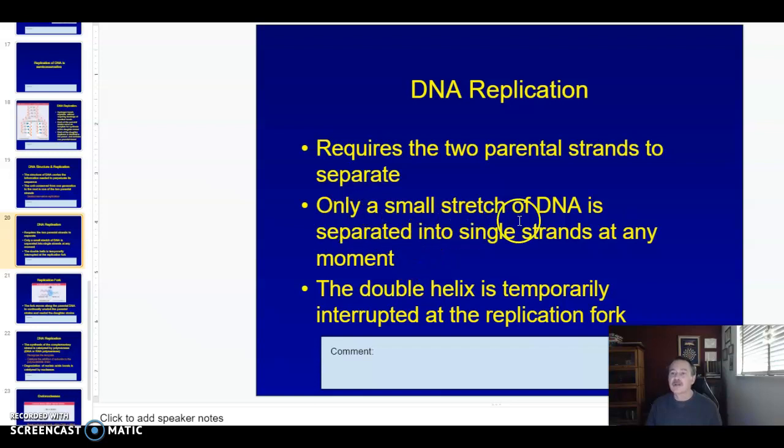So only a small stretch of DNA is separated into single strands at any one moment. So you're going to have these little bubbles. It doesn't start like a zipper. It doesn't start at one end and go zip all the way up to the other end, making new daughter strands, and then you've got two total new DNA molecules. It starts in little bubbles.